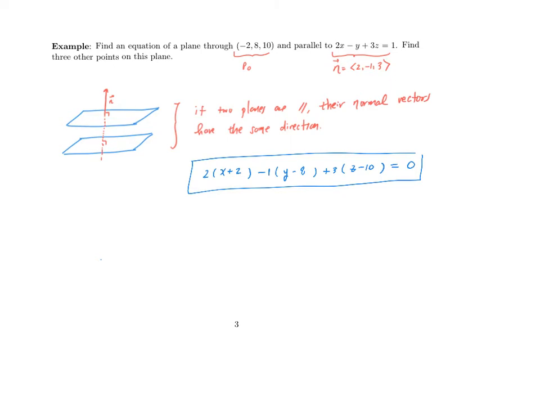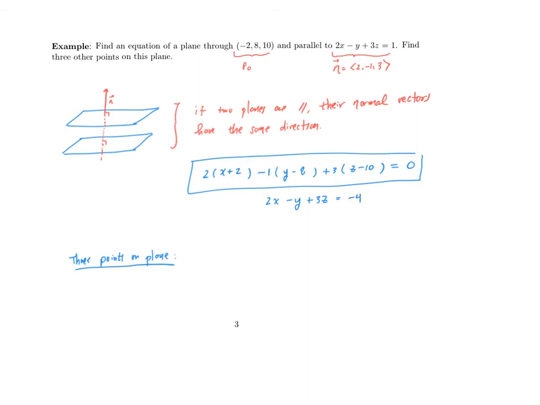Now in terms of getting 3 points on the plane, that was the follow-up question. Well, working with the equation in its current form, I don't know that it's necessarily convenient or efficient to try to find those points, but what we could do is distribute and expand everything out. So we could expand this out and think 2x minus y plus 3z, and then we'll have 2 times 2, which would become a minus 4 on the right, excuse me.